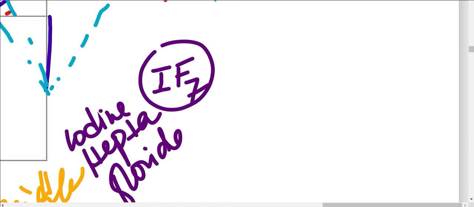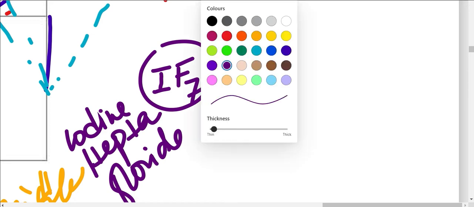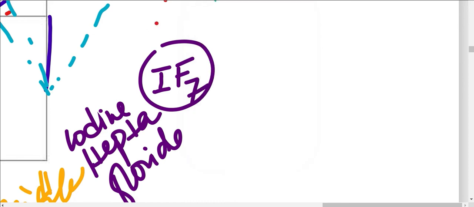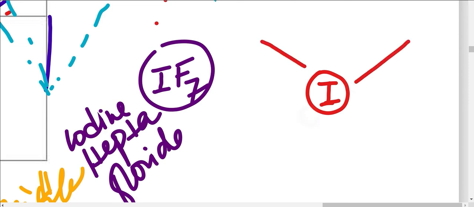They are giving this in the exam, but they have not given it here. So let us draw this structure now. First of all, iodine is the central atom. In this structure, you need to see which element is single, and that will be drawn all the time in the center. Now I'm going to pick up 5 of the fluorines and make a base of this. 1, 2, 3, 4, and this one is 5.